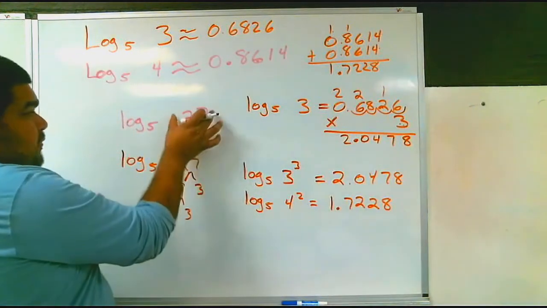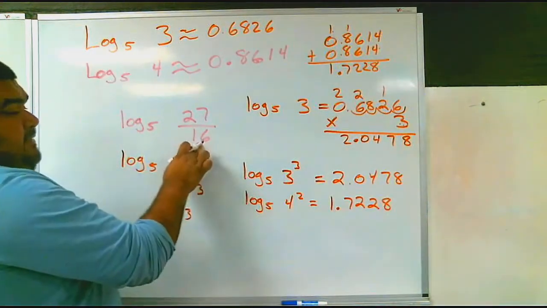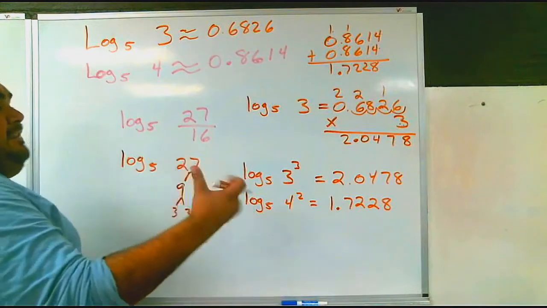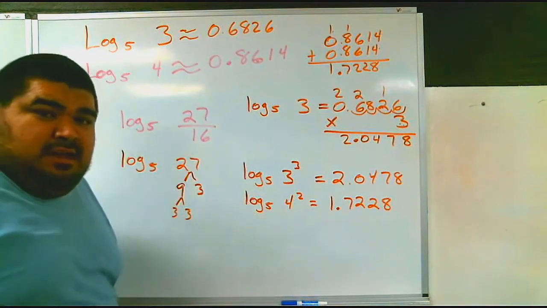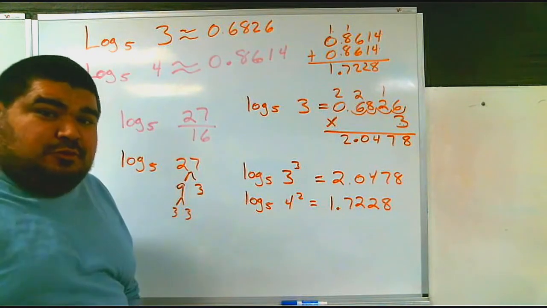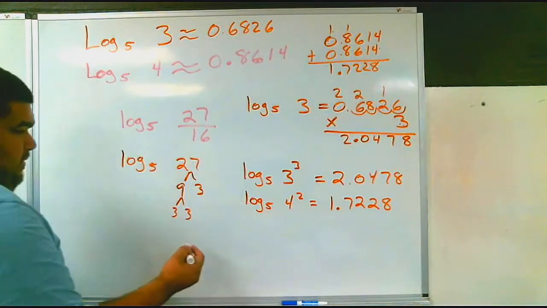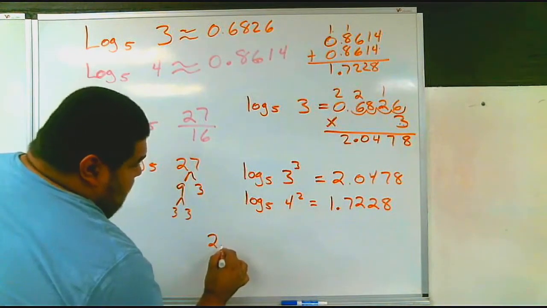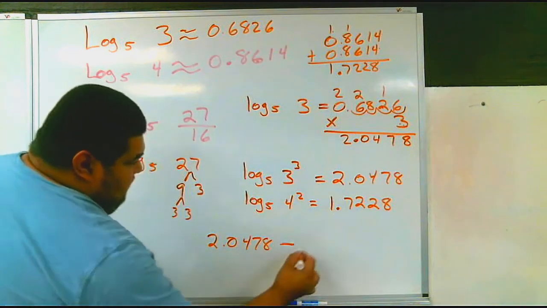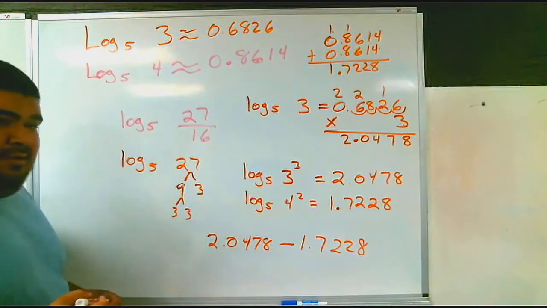Okay? Now that we have that, remember, we have our two answers. So technically, instead of 27, it's 2.0478. Instead of 16, it's 1.7228. Since they're being divided, okay, the opposite of division, or if you guys remember on those rules, is subtraction, okay? So we're going to subtract them. 2.0478 minus 1.7228, okay?